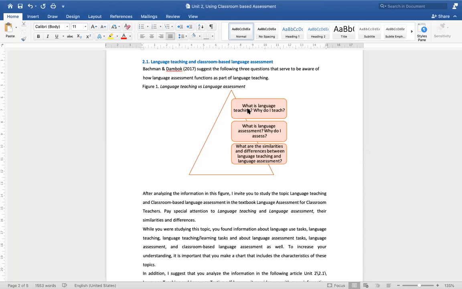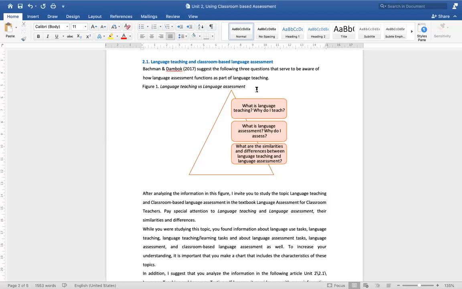Because every time that we assess, we collect information about our students, for example, performance, our student abilities, etc. And of course, the information you collect should ultimately be used to make decisions on the basis of your classroom-based assessments, because you have to decide what you want to do.